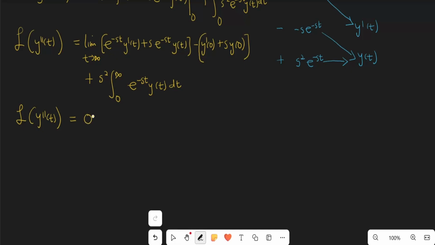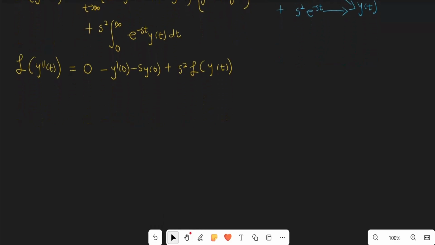So we are going to have 0 minus y prime of 0 minus s times y of 0. And now plus s squared, which is this guy here, times the Laplace transform of y of t. And the Laplace transform of y of t is capital Y of s.